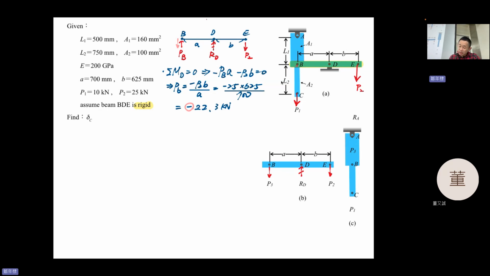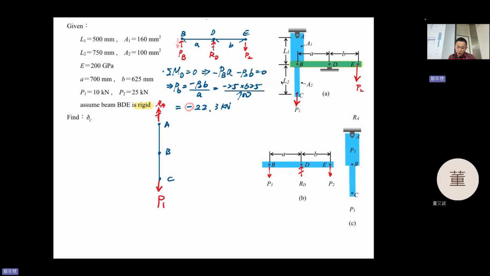So the B attached to this bar, it must have... This is A, this is B, this is C, and then you have C is P1, and this is RA. We assume that upward, right? We assume that. We don't know that yet.